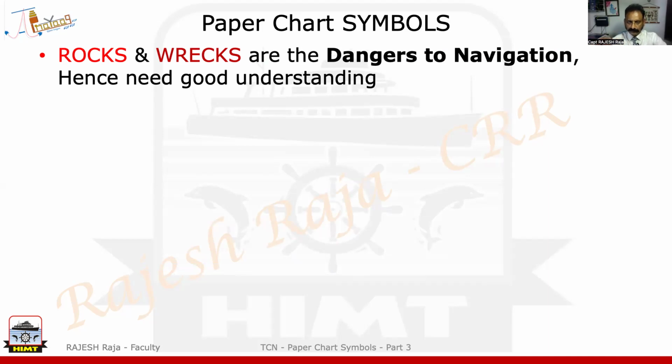They depend on the scale of the chart, the way you can see, and what feature you need to give depending on the danger. So that is the reason I went into rocks and wrecks separately and did an episode on this, because they themselves have multiple symbols. So you need to understand them, and you need to know what the meaning is before you start doing passage planning.